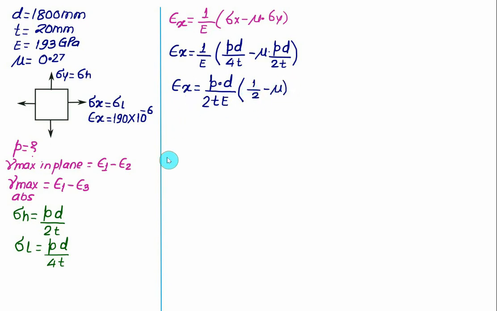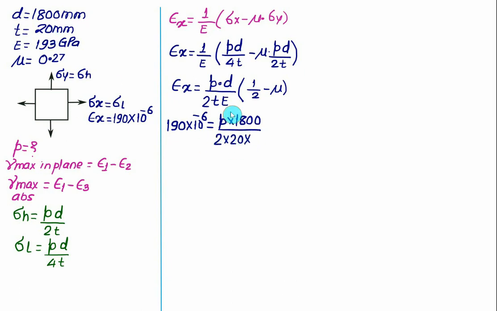Now let's substitute. We have epsilon x equal to 190 into 10 to the power minus 6. Pressure P you have to find. Diameter D you take in mm, 1800, divided by 2 times T, the thickness, equal to 20.